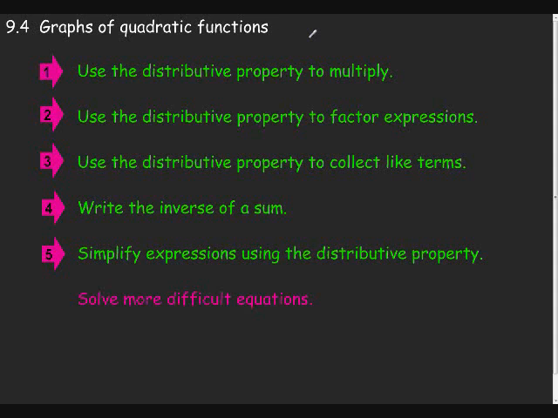So we want to talk about our objectives with this lesson. We're going to use the distributive property. We're familiar with that one. We certainly know how to use the distributive property to multiply.